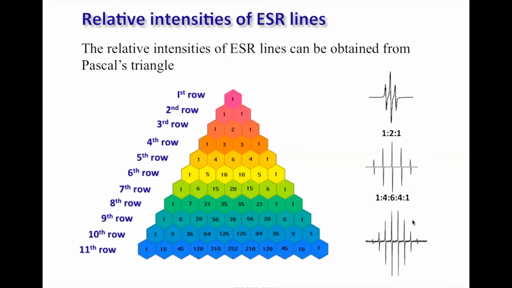Similarly, if you go for a species with 8 ESR lines, then you will have to follow the 8th row of Pascal's triangle, 1:7:21:35:35:21:7:1. And in this way, depending upon the number of ESR lines observed in a given sample, we can estimate the relative intensities of those lines.